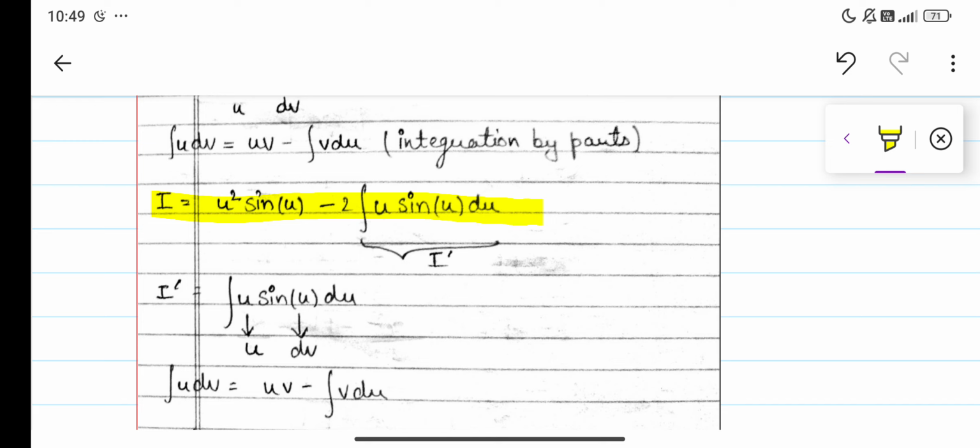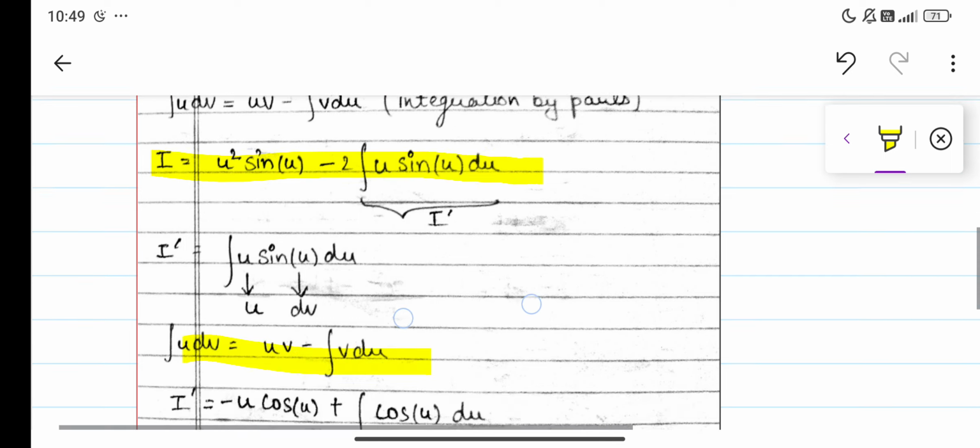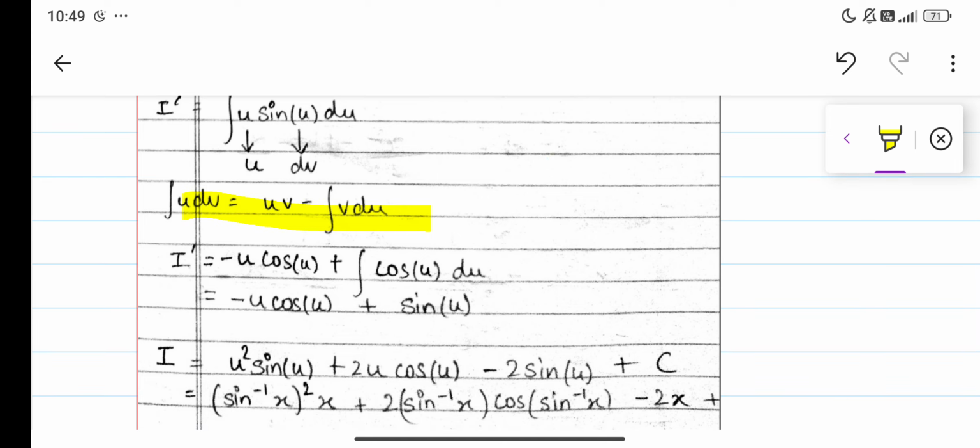So again I take u as u, sine u as dv. Again applying the integration by parts formula, we get minus u cos u plus integral cos u du, right? So my first function is u, so u as it is, and the integral of sine u is minus cos u, so I get minus u cos u.